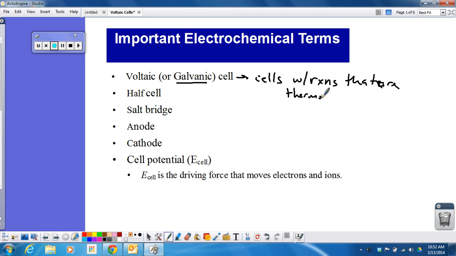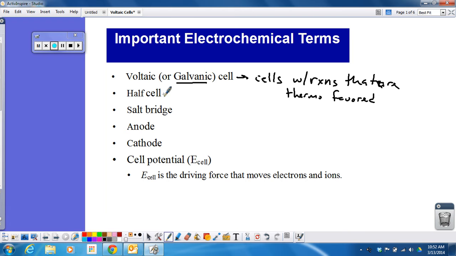So when I put everything together and I hook it up correctly, I will get a reaction to take place. And they are all, again, redox reactions. So the reason why I can use this galvanic cell, voltaic cell, to produce an electrical current is because I'm taking the redox reaction, and instead of having the whole redox reaction occur in one place, I'm splitting it into two half cells.